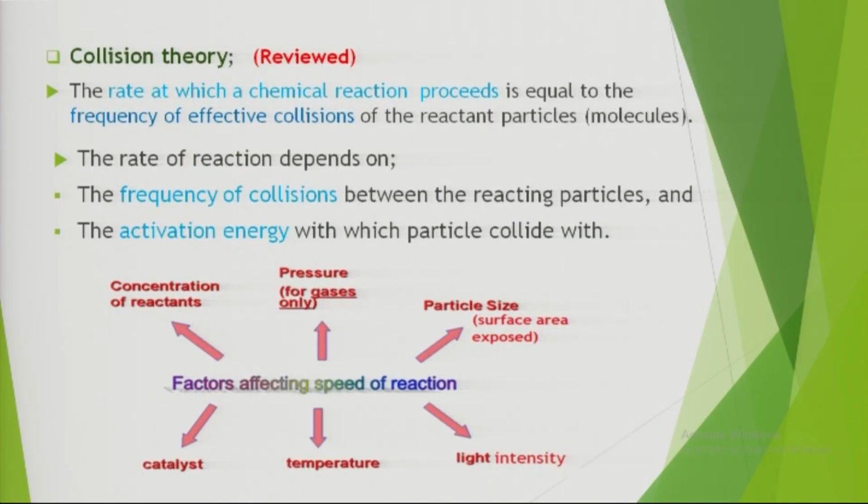A quick review of what we looked at in lesson 1. We highlighted mainly the collision theory and how it relates to the rates of chemical reaction. And we said the rate at which a reaction proceeds is actually proportional to the frequency of effective collisions.